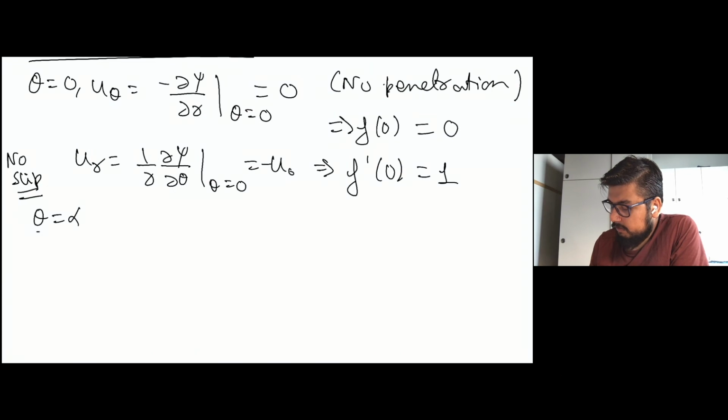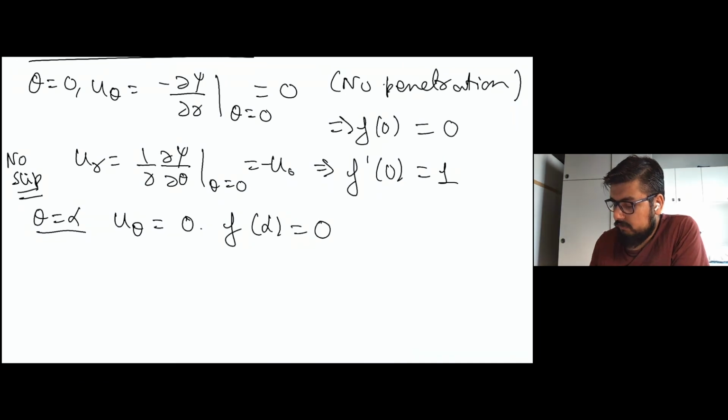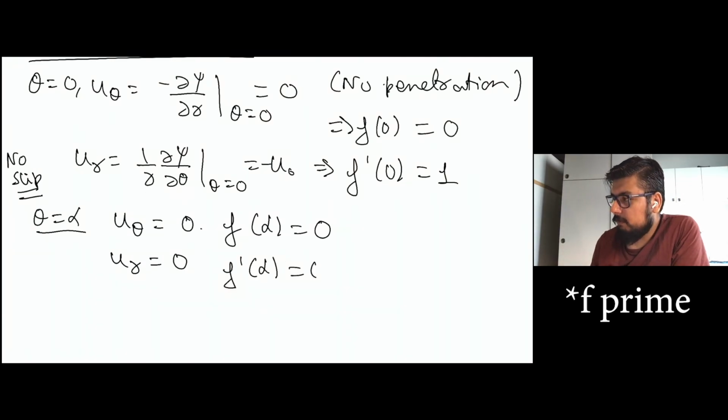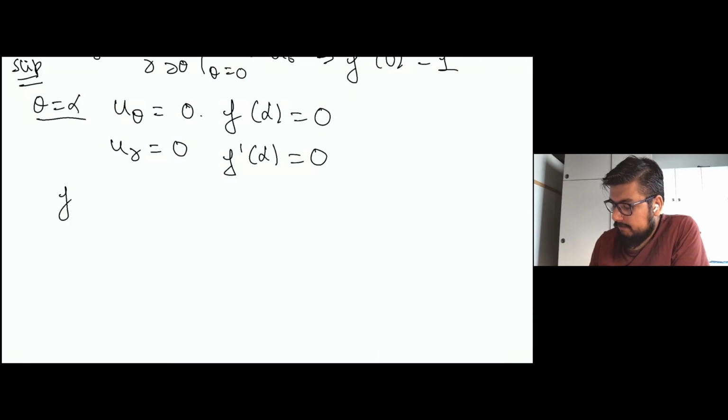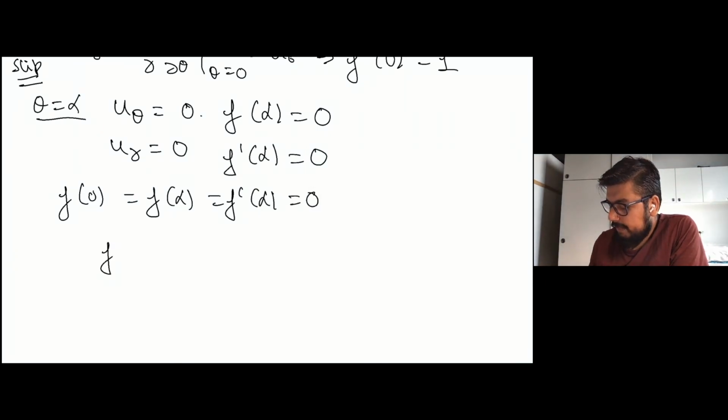Now at theta equal to alpha, u theta will again be equal to 0, which means that f alpha will be 0. Furthermore, ur will also be equal to 0, which means that f prime alpha will also be equal to 0. So we have four boundary conditions, namely that f0 equal to f of alpha equal to f prime alpha equal to 0, and we have f prime 0 equal to 1.